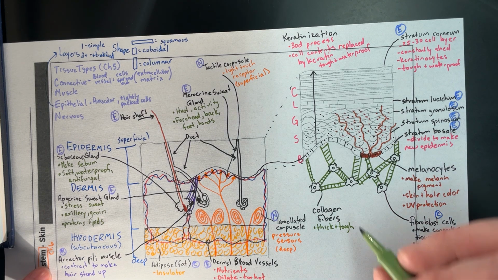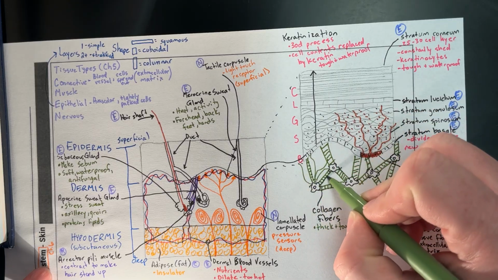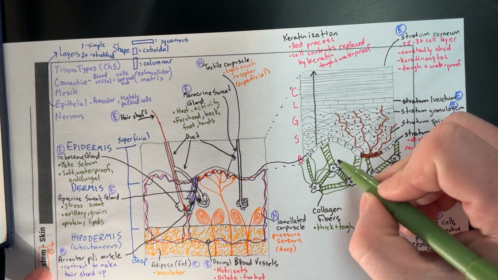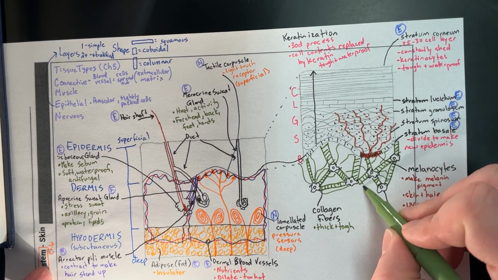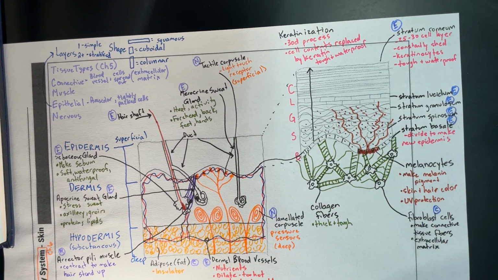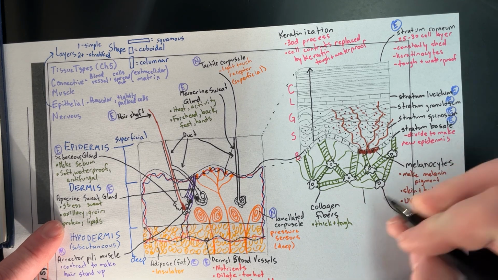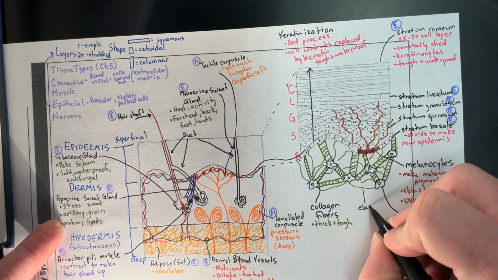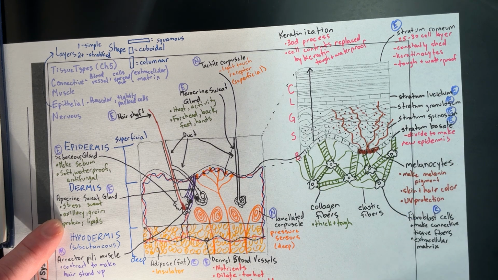And so we're going to put in some other fibers that are going to let our skin still be tough, but also stretchy as well. And we'll put one of those thinner fibers down here so that we can label that fiber type. And those are going to be called elastic fibers. And I bet you can guess what elastic fibers do.